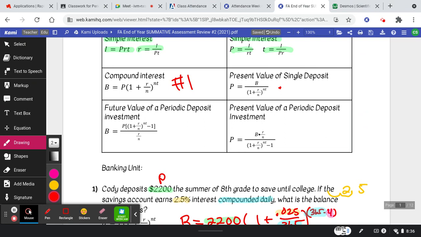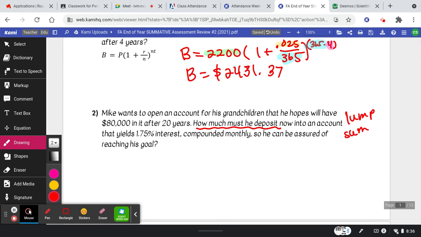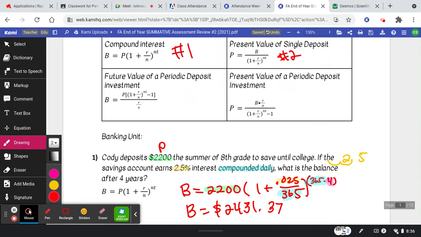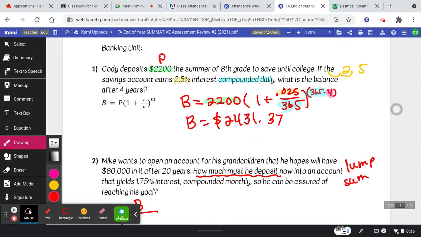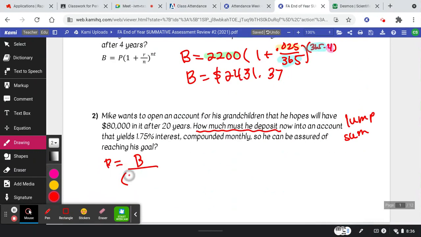How much must I deposit presently to have a certain amount in the future? So this guy right here is going to be our number 2, and we're just going to go plug in. You're going to tell me what numbers. Let's write the formula first. P equals B, that's my balance that I want, over 1 plus R over N to the NT.